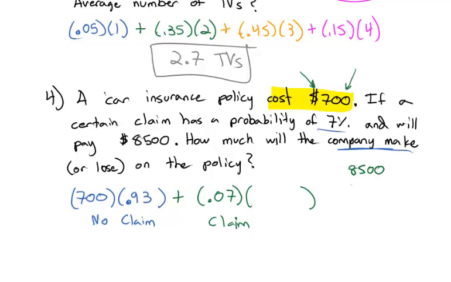The customer had to pay $700 to the company at the beginning of the year. That's going to give us $7,800 that's actually coming out of the insurance company's pocket. So we're going to call it negative because it's a loss of $7,800.